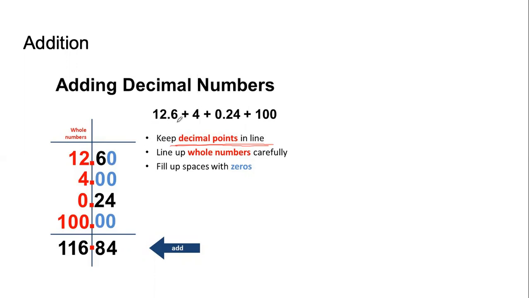Now, the decimal point in 12.6 is visible. The decimal point of 0.24 is visible. The decimal point of 4 is not visible. The decimal point of 100 is not visible. कहाँ है वो? We know that 4 can be written as 4.0. 100 can be written as 100.0. अब हमारे पास सारे नंबर्स हैं जिसमें कि डेसिमल पॉइंट है.